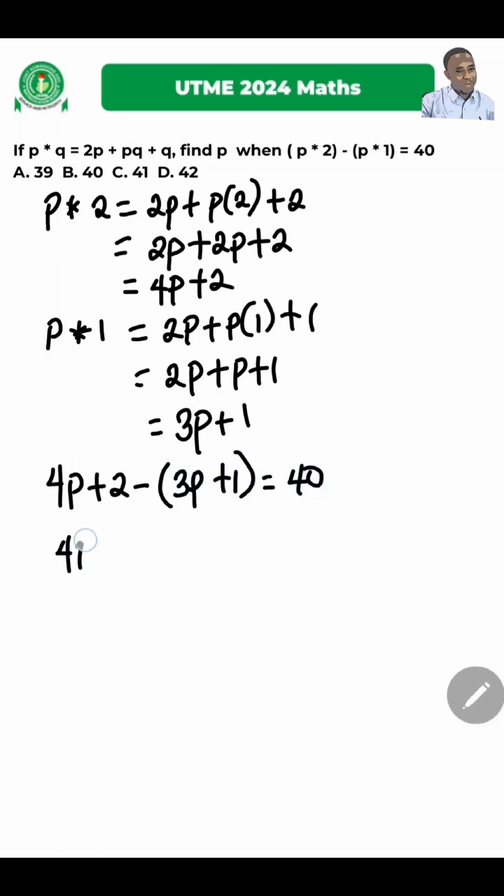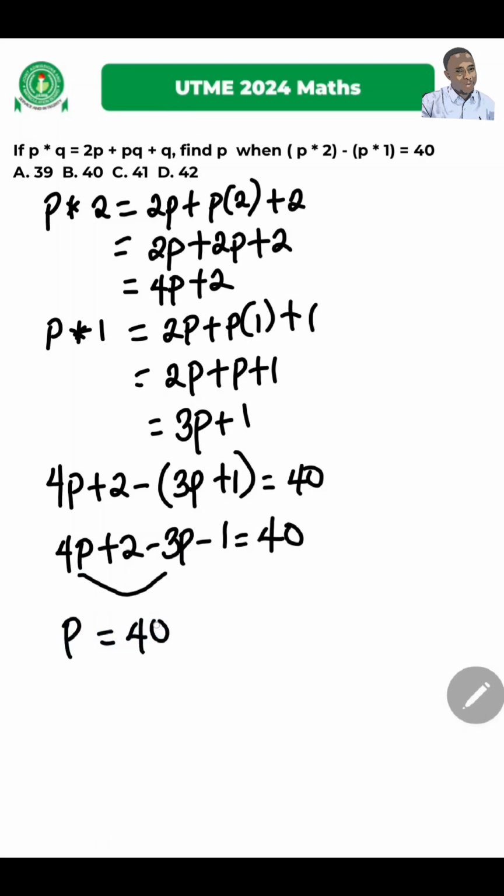I have 4P plus 2 minus 3P minus 1 equals 40. So 4P minus 3P is P, and 2 minus 1 is 1. If I take it to the other side, it becomes minus 1. So that is P equals 39.